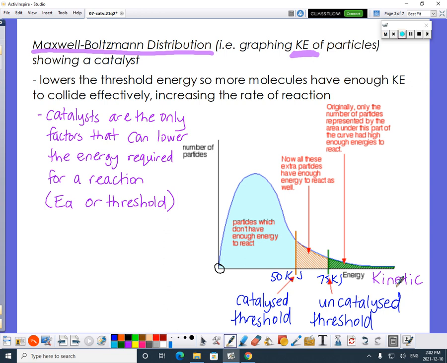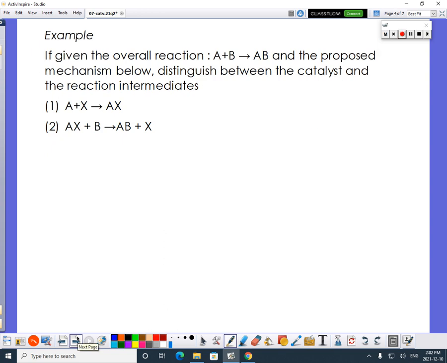So then another type of question is taking a look at a mechanism and deciding which substance is the catalyst. Okay, so given the overall reaction and the proposed mechanism below, distinguish between the catalyst and the reaction intermediate. So I'm going to make like 2 columns. Oh yeah, you did lots of room.